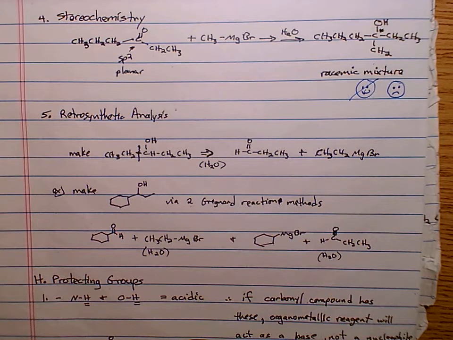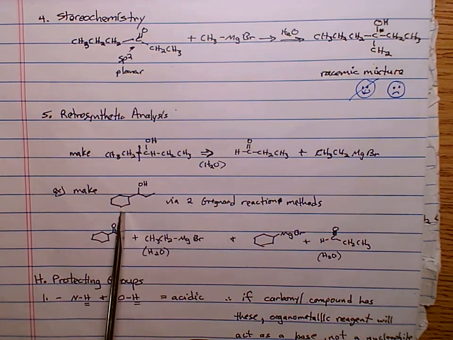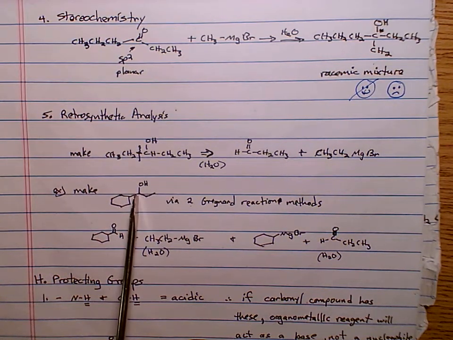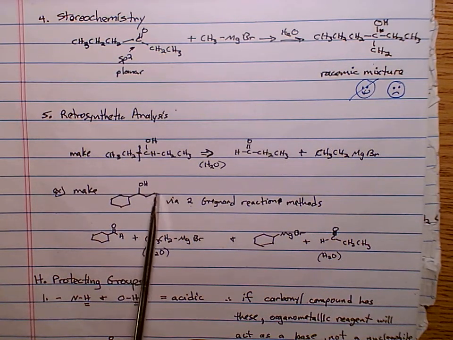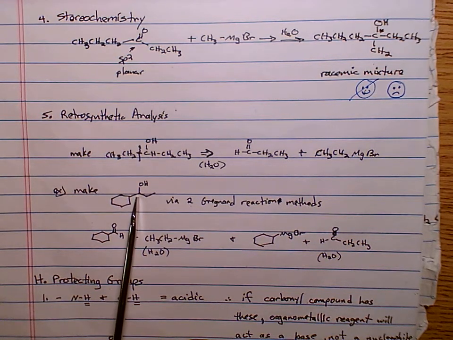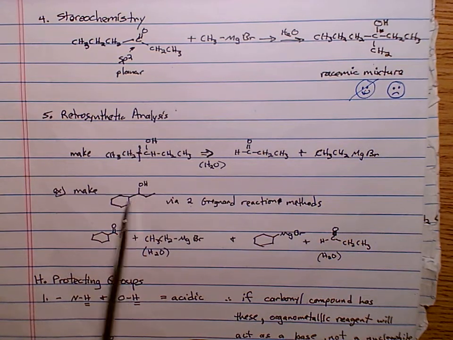So note, if I said, okay, how do you make this beast right here, the cyclohexane with an OH alpha to the cyclohexane and this ethyl group on that carbon? You might realize there are two different ways to make this via organometallic reagents. It's a secondary alcohol, therefore I had to start with an aldehyde.